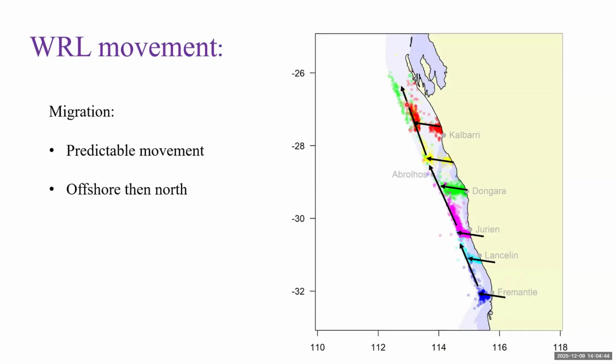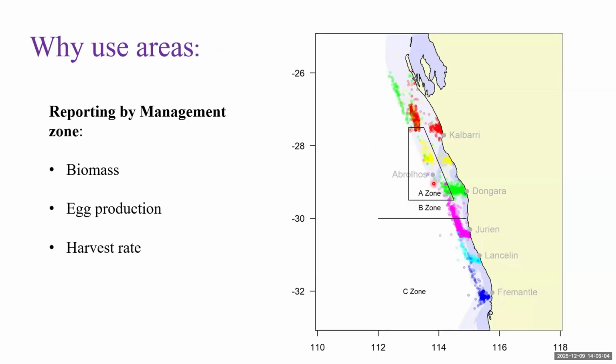This is a contranatant migration in which the bulk of the breeding stock lives in this area. The eggs are released and the larvae move slightly southwards, come back in, and then the juveniles have to move back northwards to maintain their position on the shelf.